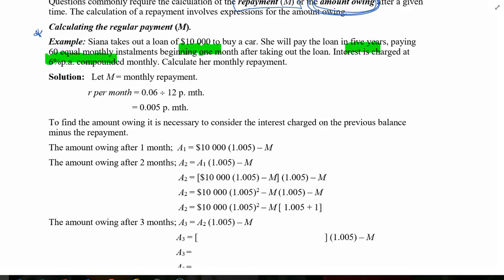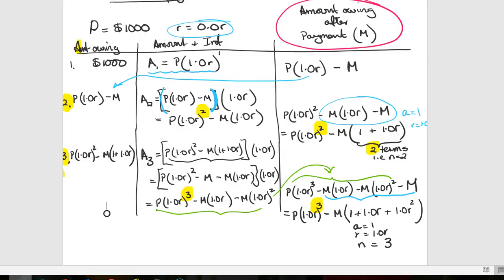Okay, now in this example, we're going to calculate the regular payment, calculate the M. As you know, we're always looking for an equation, and if we think back to the example that we did in the previous video, at this stage here, I do have a value, or an expression at least, with M in it.